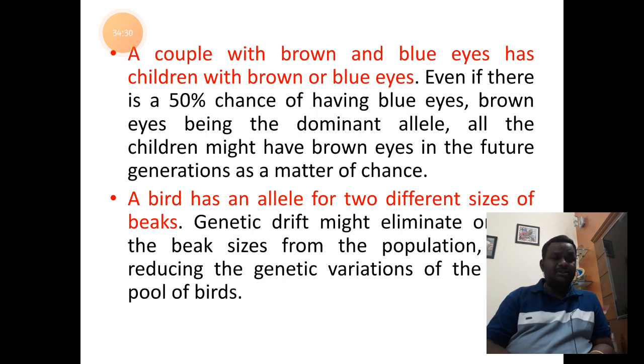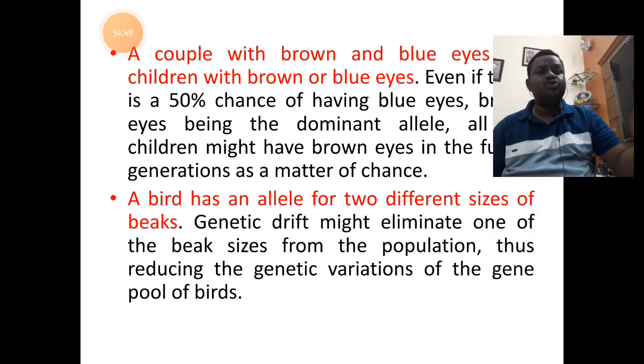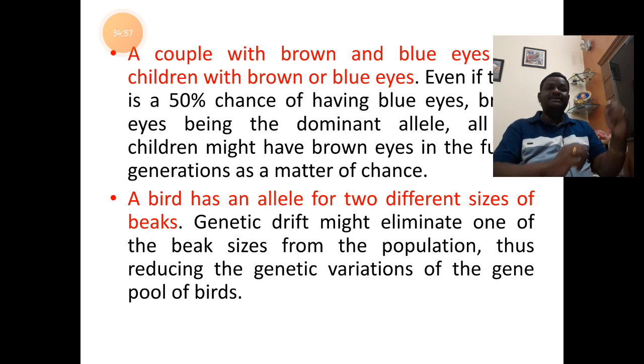So what happened to the blue eyes? Those alleles are not selected by nature. By genetic drift, they are lost. A bird has alleles for two different sizes of beaks. Genetic drift might eliminate one beak size in the population, bringing in certain genetic variations, and only one type of beak is selected in future, which is entirely different. It is due to genetic drift.